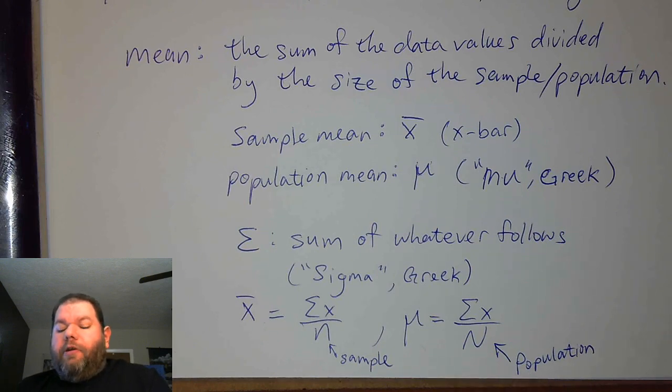Okay. So again, whether we're working with a sample or a population is always relevant as far as how we do specific calculations and formulas, as well as our notation. That's probably the most significant impact, is our notation right there.